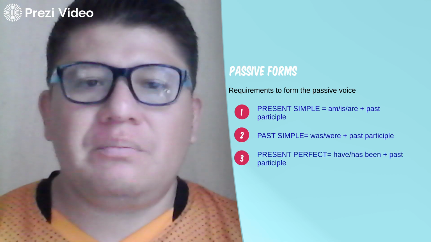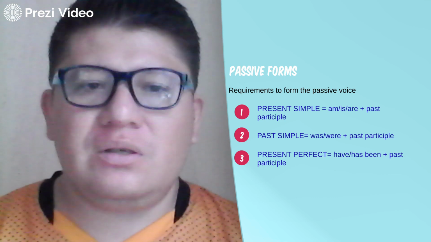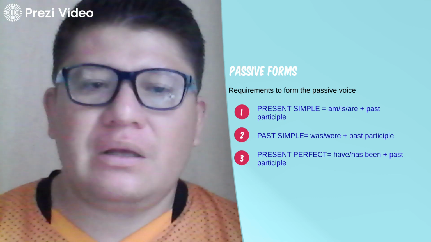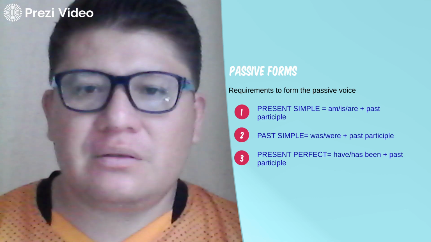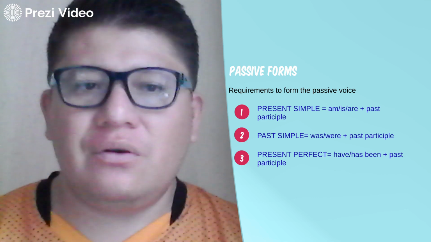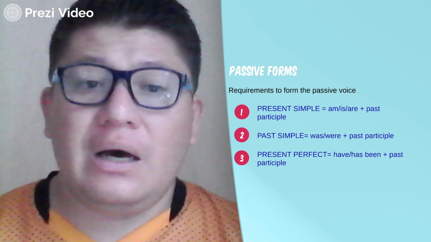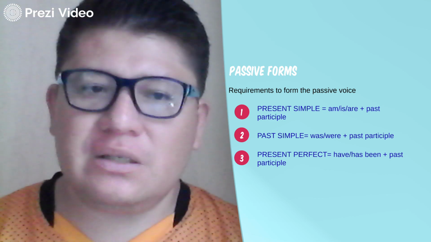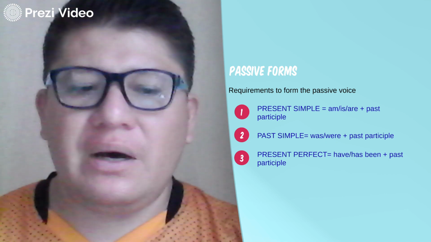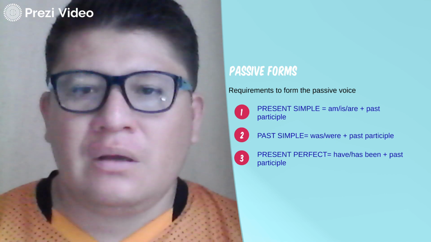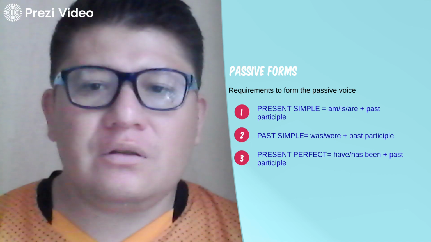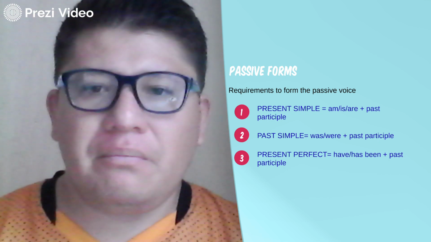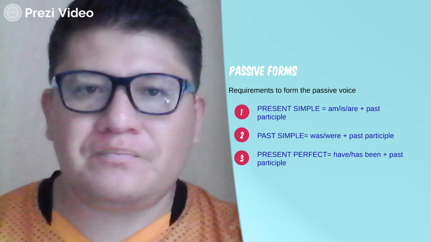When you use the present perfect passive voice, you are going to use the verb in present perfect, which is have or has been, and haven't or hasn't been for negative sentences, and a past participle verb. As you can see, in all the forms you are going to use the verb be and past participle verbs.